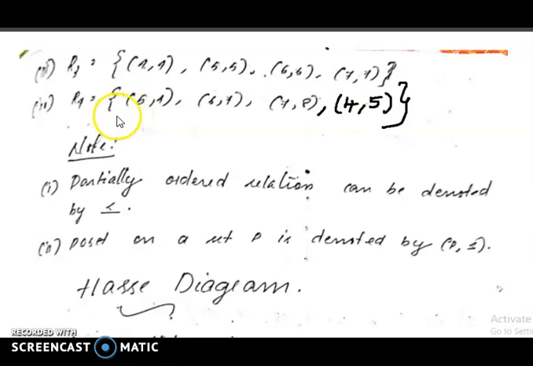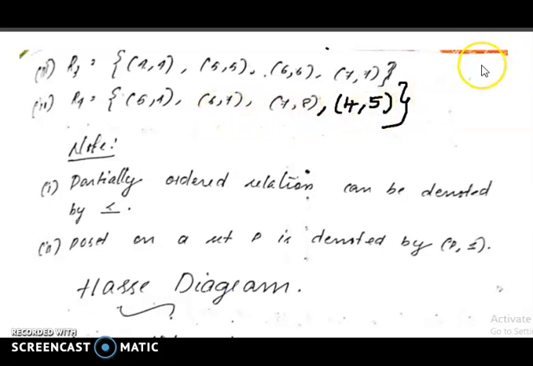What is anti-symmetric? A, B belongs to R, B, A belongs to R, then A is equal to B. But here you see 5, 4 is an element of R4 and 4, 5 is an element of R4. So this is not anti-symmetric. Anti-symmetric means A, B belongs to R, B, A does not belong to R. So here A, B belongs to R4 and also B, A is an element of R4.